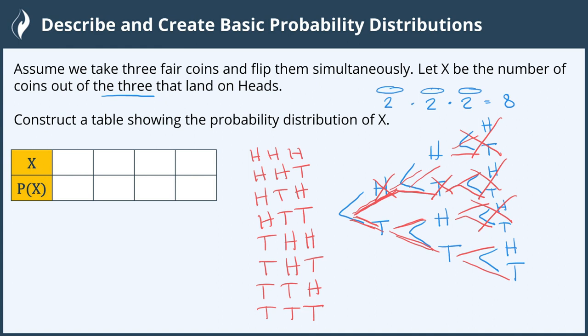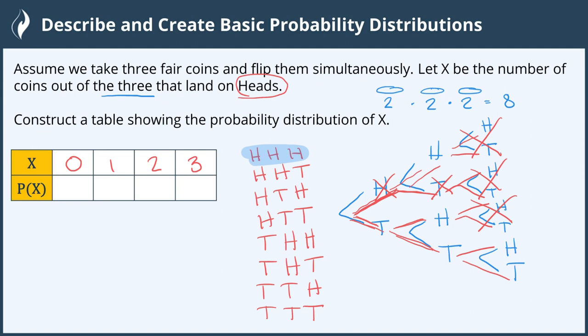We have 8 different options for these 3 coins to flip, and we're looking for the event that it lands on heads. So we have the option of having no heads whatsoever, 1 head, 2, or all 3 coins are showing a head. The 3 coins showing a head are here.